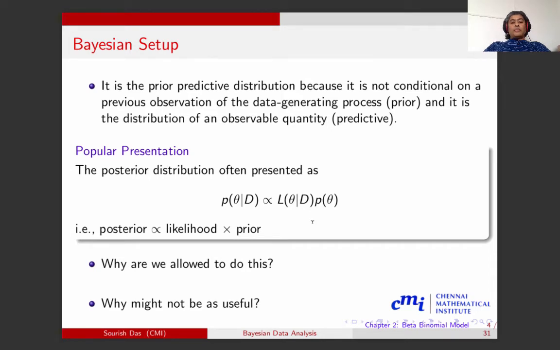Why might it not be as useful? Because all we have is the right-hand side, and just multiplying likelihood times prior will not actually give us the posterior probability. So we cannot directly use just the functional form of the likelihood and prior. We have to handle it a little more carefully to get the final solution.